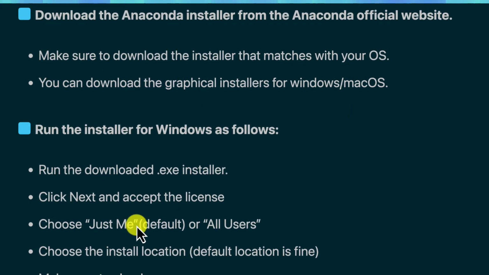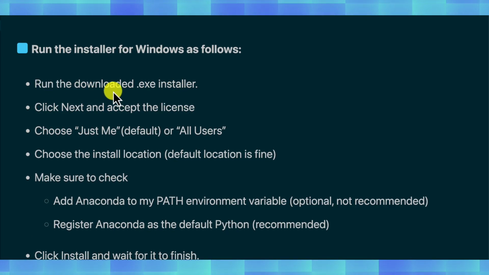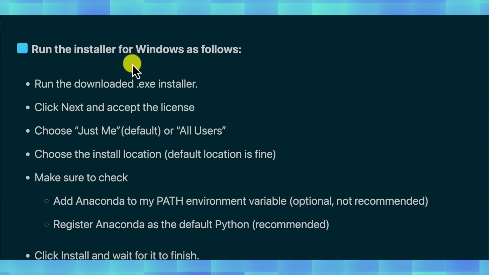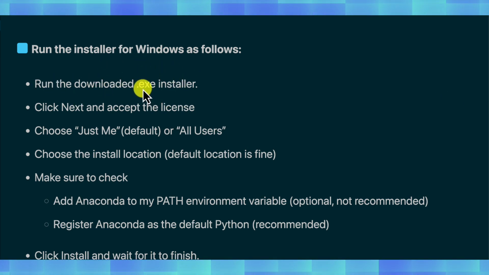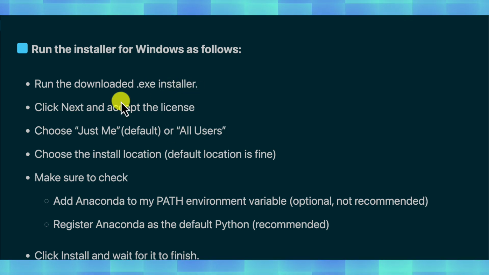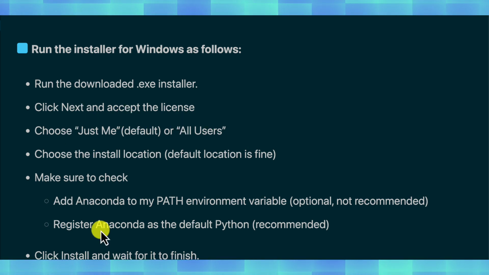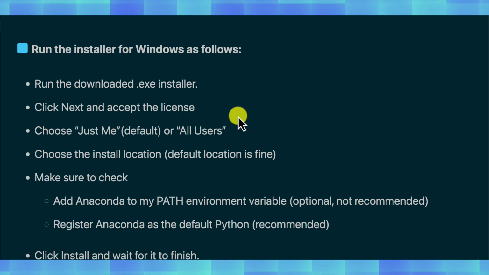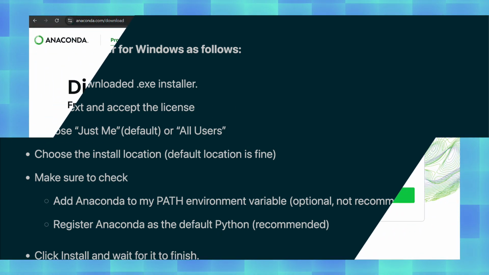So let's see how to install Anaconda on a Windows machine. You need to go to the official website of Anaconda and download the exe installer. Then you can double click on it after you download it, accept the license, and follow the rest of the instructions to install Anaconda.